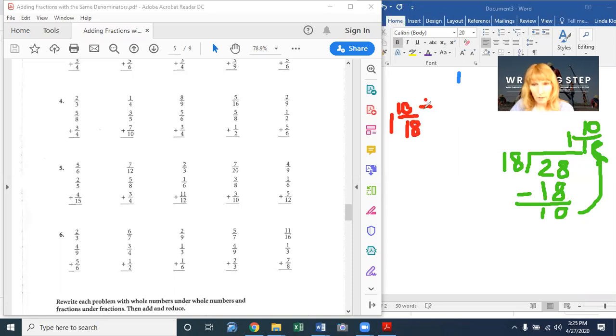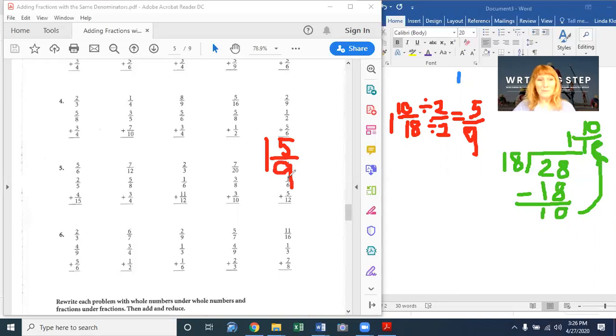So divide top and bottom by 2. 10 divided by 2 equals 5. 18 divided by 2 equals 9. Don't forget we've got that whole number 1 there. So the final answer is 1 and 5/9. Okay? All right. Pause if you need to.